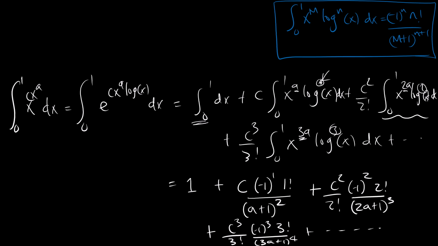So we see this is 1, there's a hidden 1 there, there's 2, this one cancels, this one cancels.